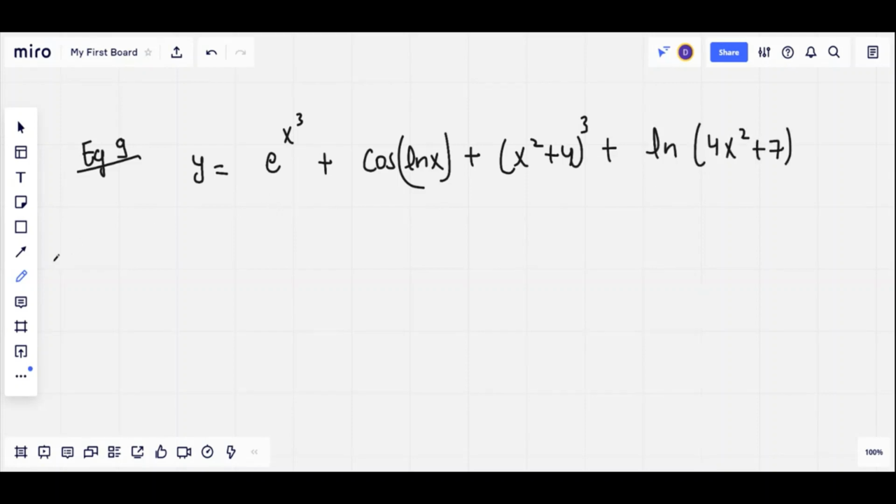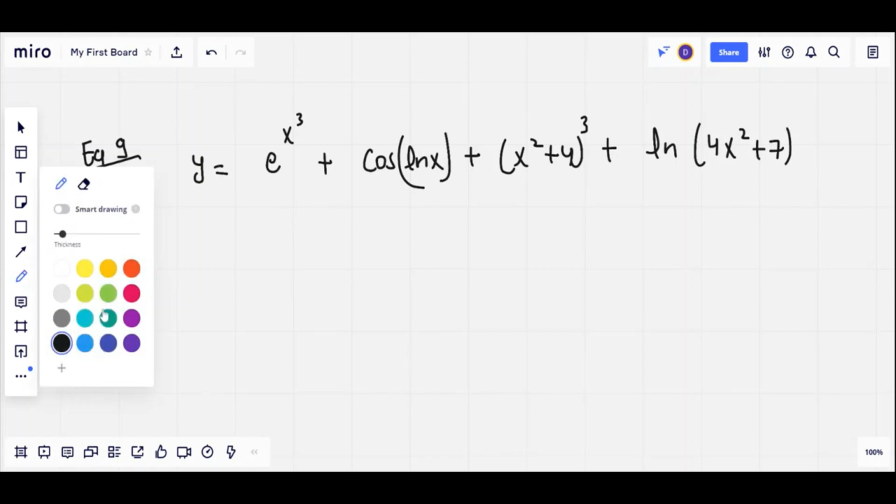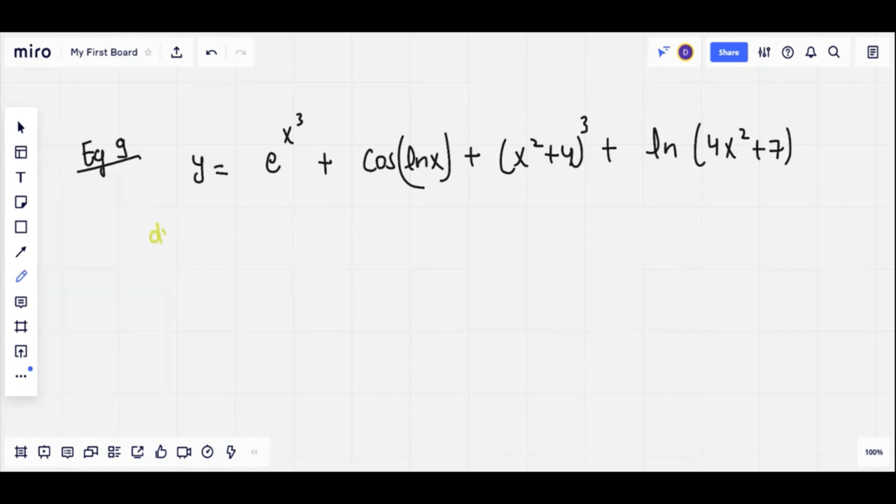We need to find the derivative in this case. So the derivative for this would be dy over dx is equal to differentiation of e raised to the power something is e raised to the power something times d over dx of power, which is x cube.